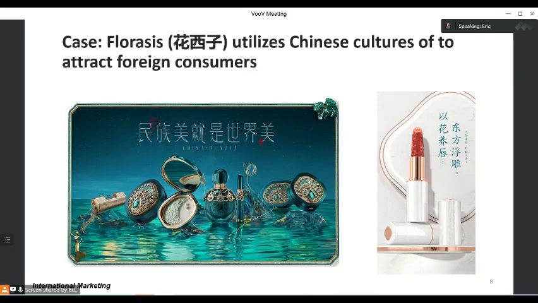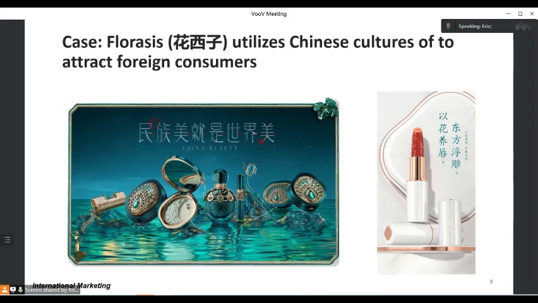The sales volume is very good, because the culture is different. People like it. They are fascinated by this different culture.